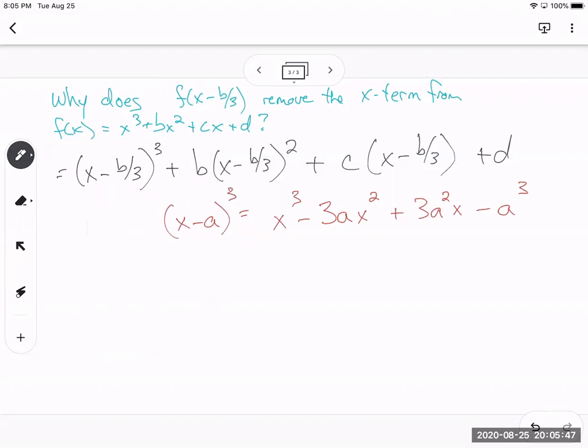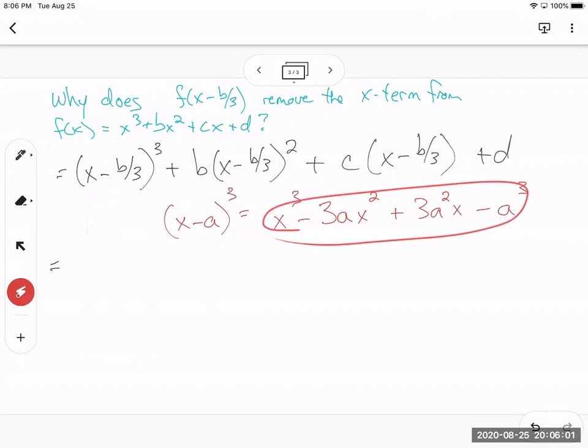multiply out the (x minus b over 3) cubed. So that term, the (x minus b over 3) cubed, multiplies out using this process that I wrote right here.